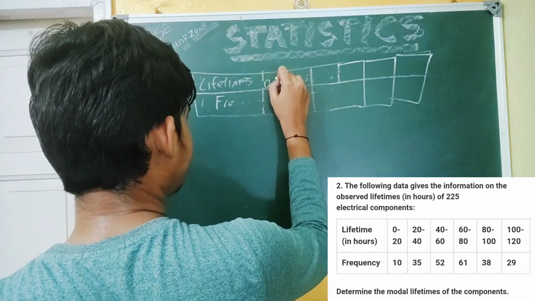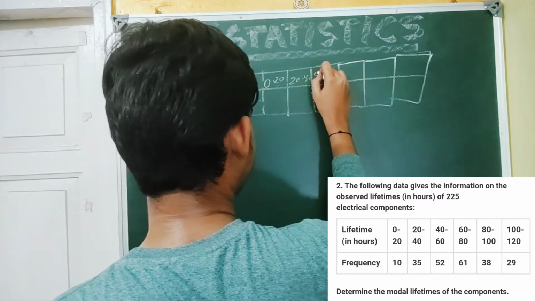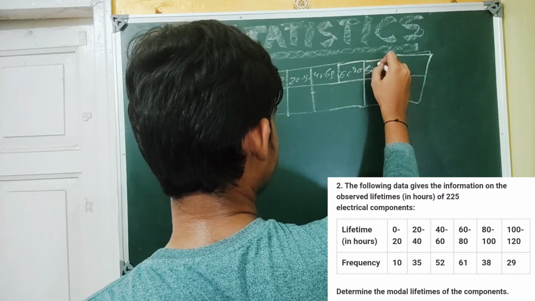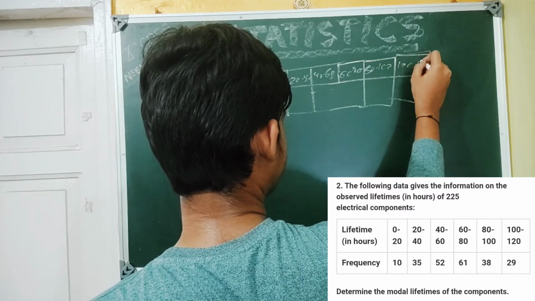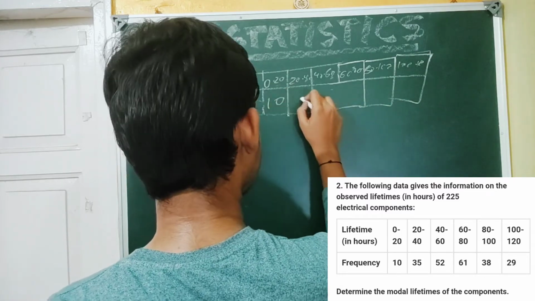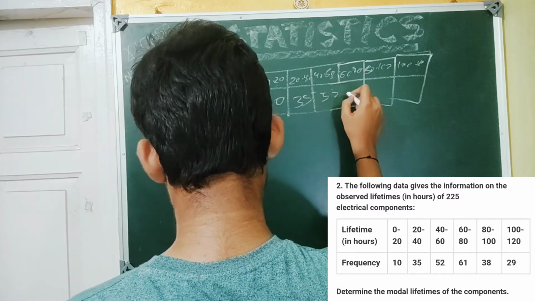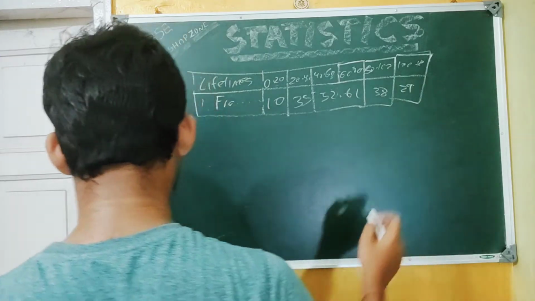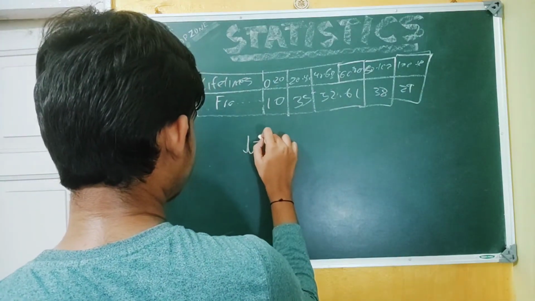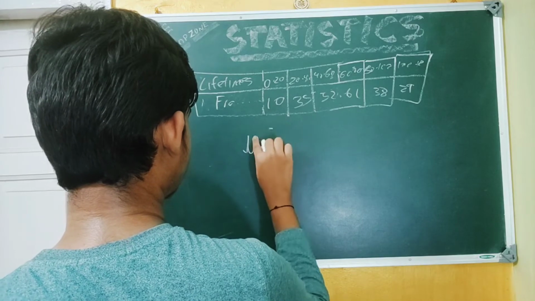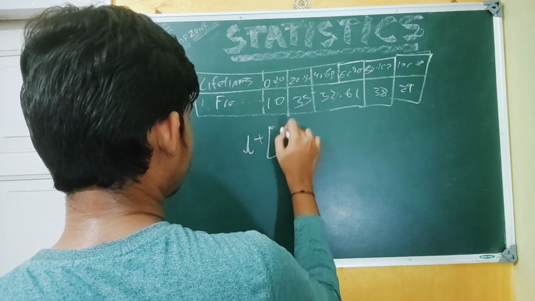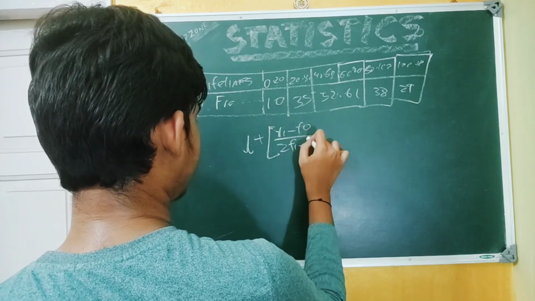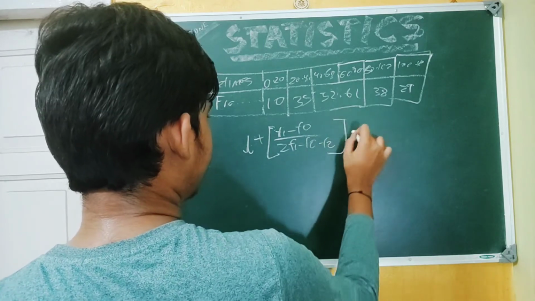Let's write 0 to 20, 20 to 40, 40 to 60, 60 to 80, 80 to 100, 100 to 120, and the frequencies 10, 35, 52, 61, 38 and 29. And like I said, the formula is L plus (F1 minus F0) divided by (2 F1 minus F0 minus F2), into H.